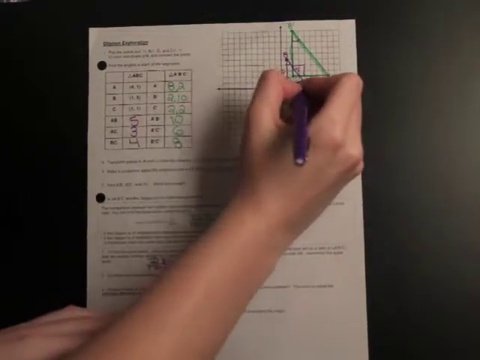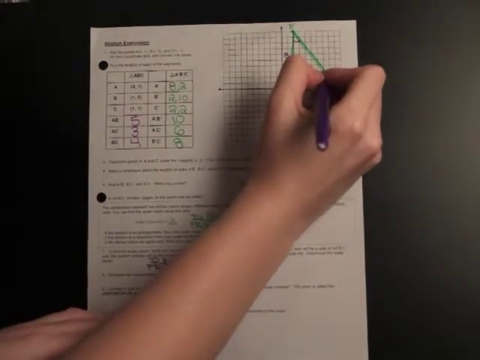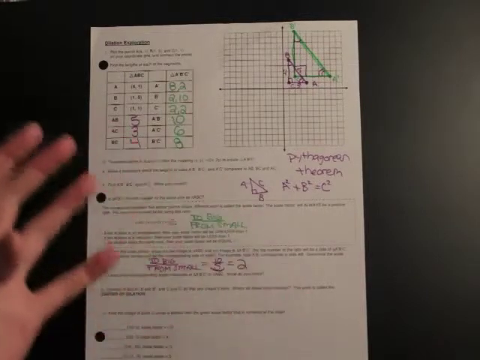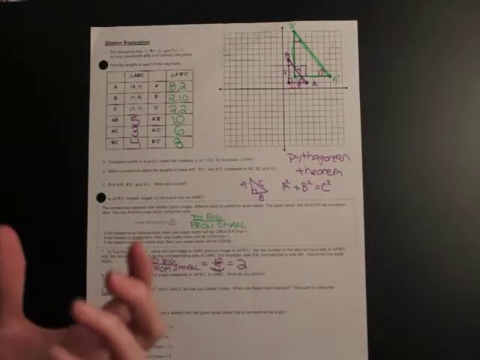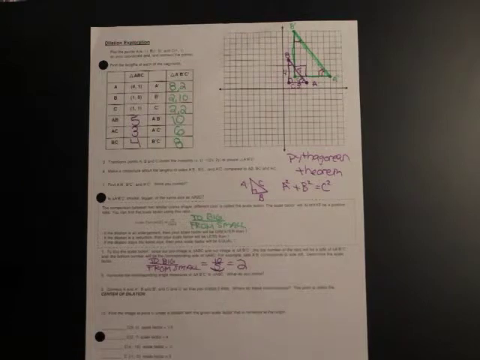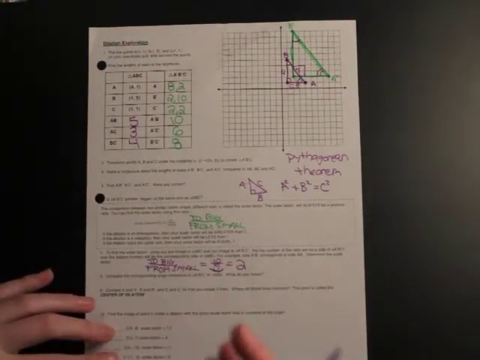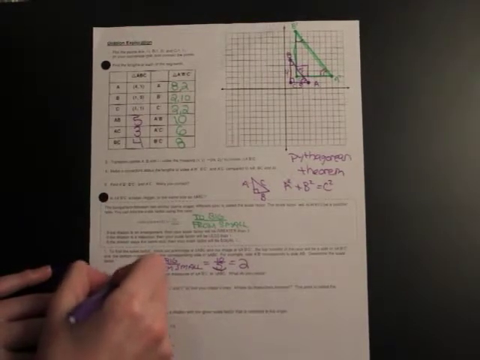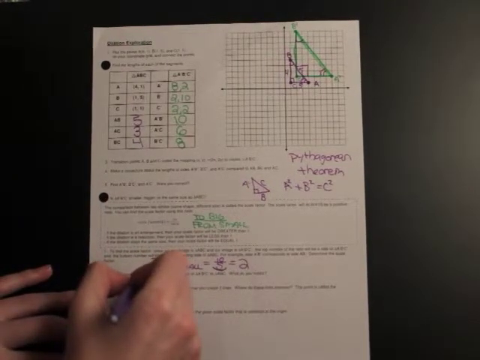And then A and A prime, those are the same as each other. So the angles didn't change when we dilated our shape. All that changed was the length of the sides. So we want to make sure to remember that the angles do not change.